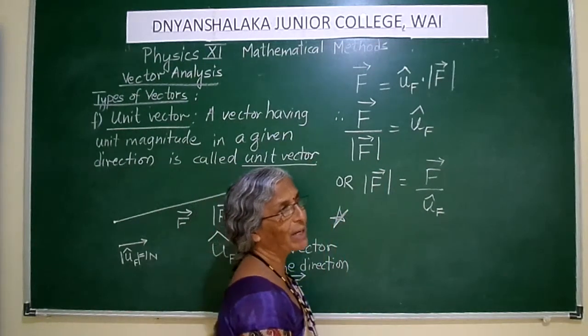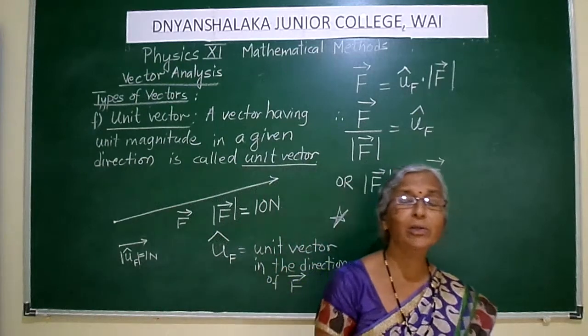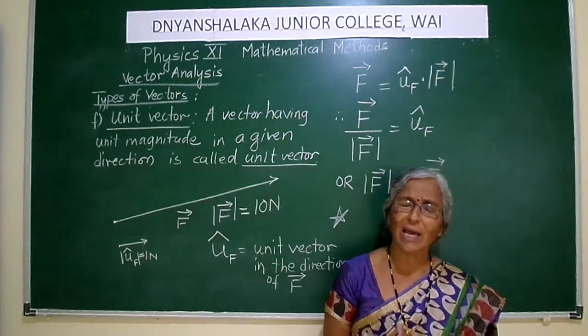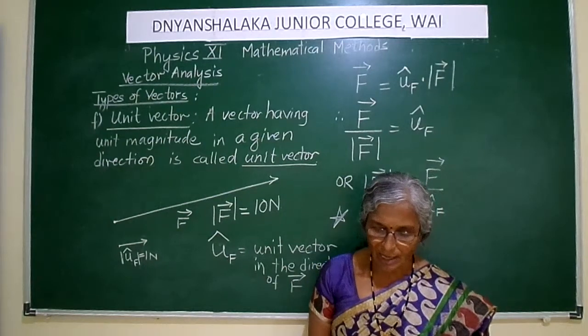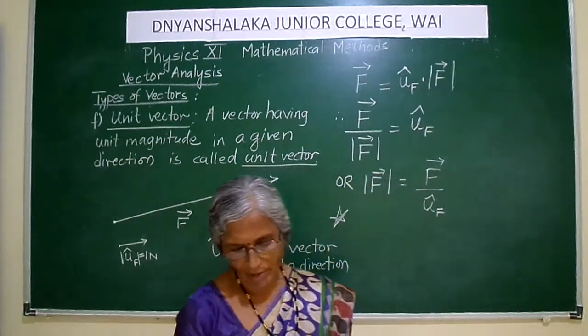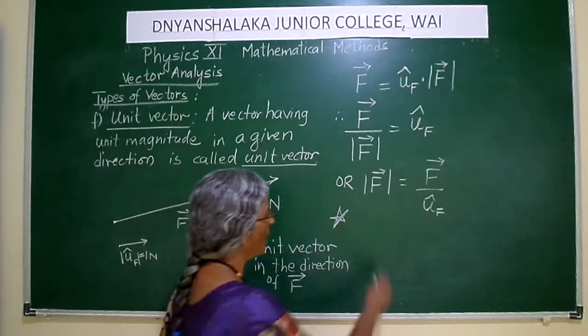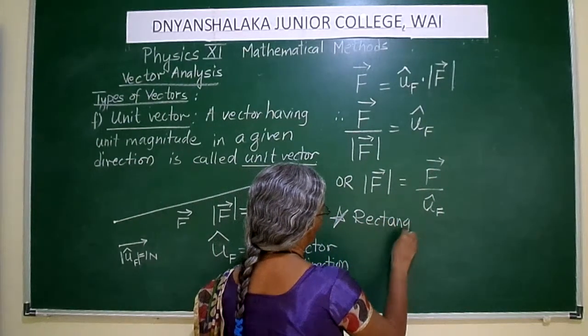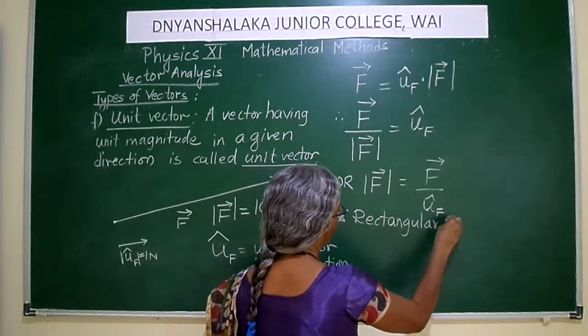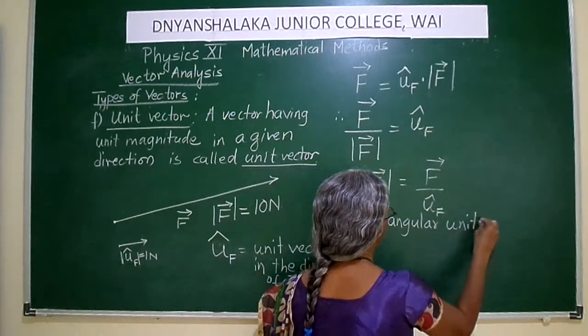Now from the unit vectors that we have studied, there is an important point that we have to keep in mind and which we are going to refer to in vector analysis every time, and that is rectangular components of vectors. Rectangular unit vectors.